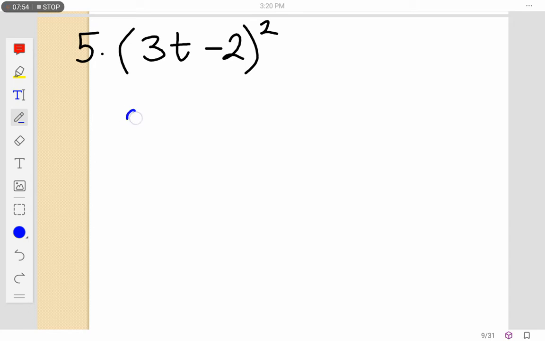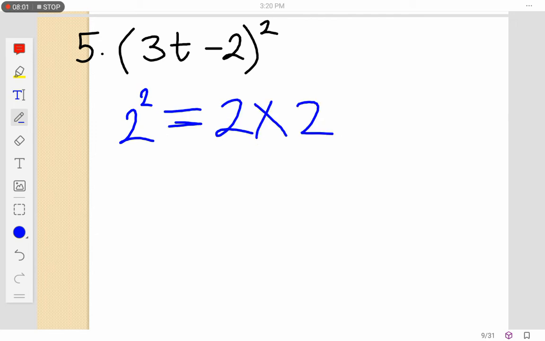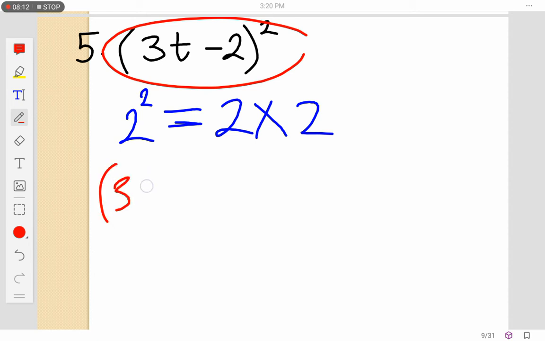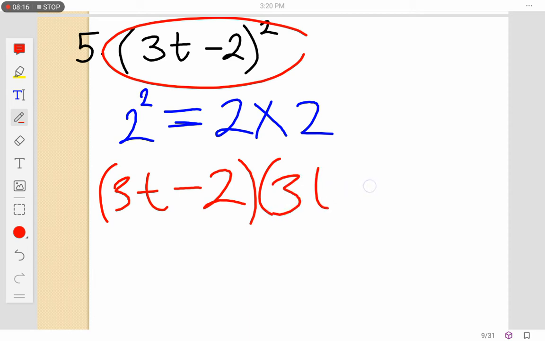Let's say I've got 2 to the power of 2. What it means is I've got 2 times 2. I do the same when I have this bracket raised to the power of 2. It means I will multiply it twice. So I can have 3t minus 2 by 3t minus 2.